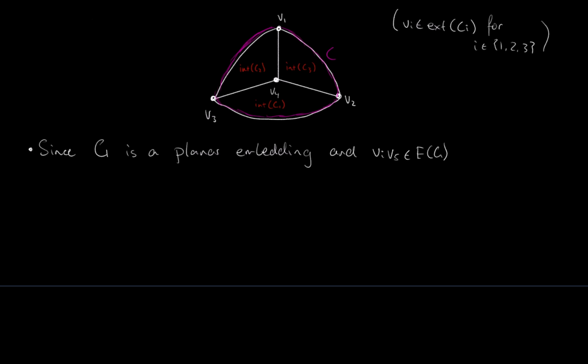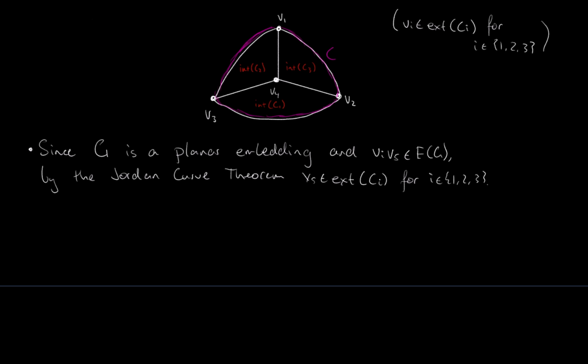Well, by the Jordan curve theorem, that vertex V5 must be in the exterior of Ci, for i is 1, 2, and 3.